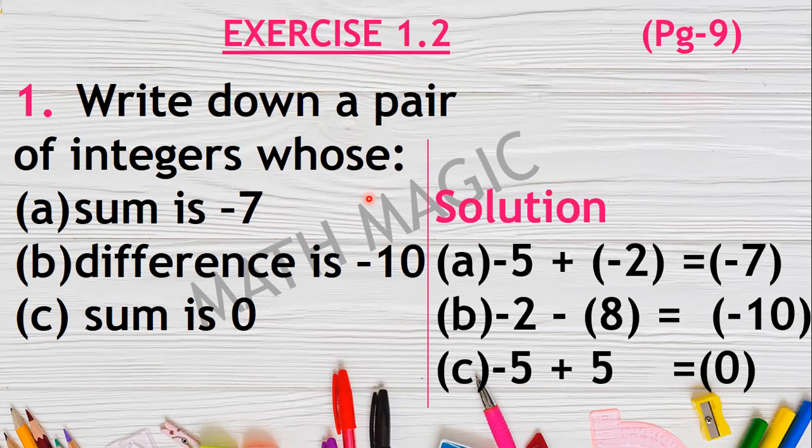For example, if I add 5 to its additive inverse, which is minus 5, I will get 0. Now let me take the case of 3. Minus 3 plus its additive inverse, which is positive 3. Minus 3 plus 3, I will get 0. As long as I add two integers and get the sum to be 0, my answer is correct.